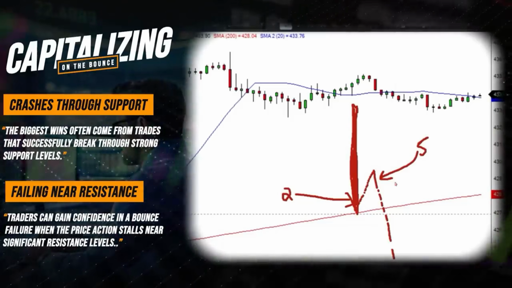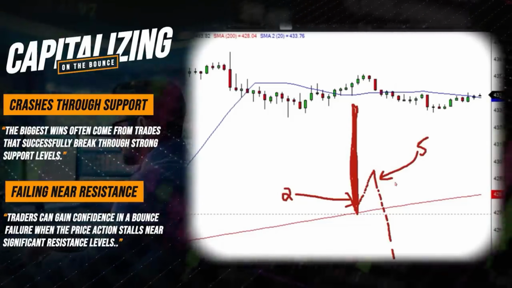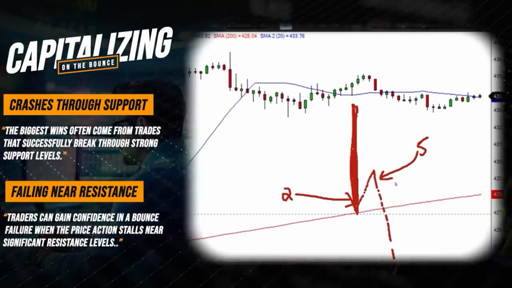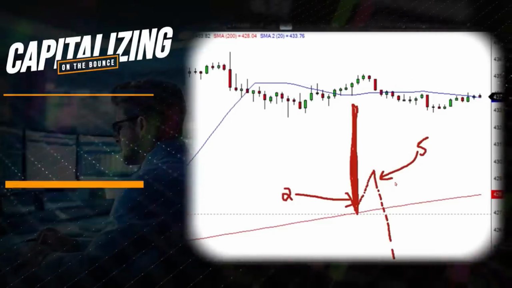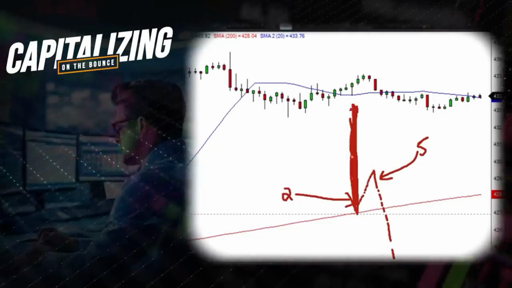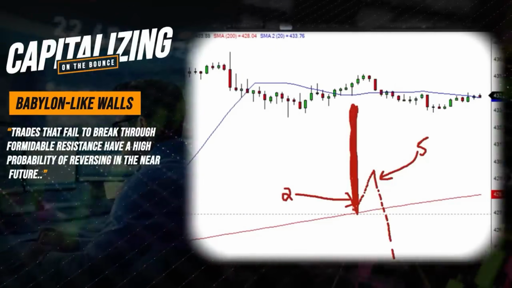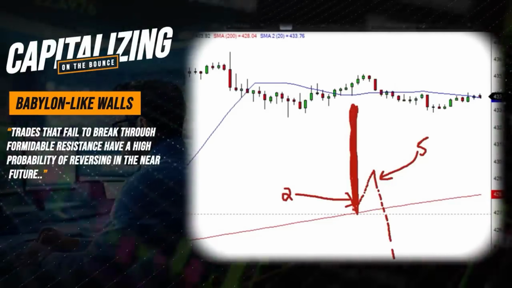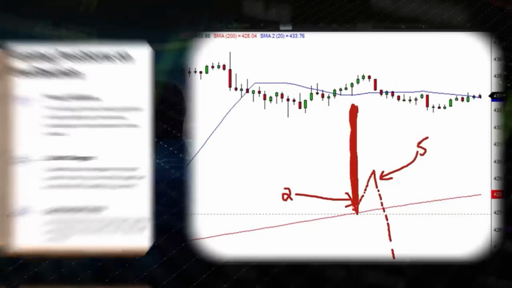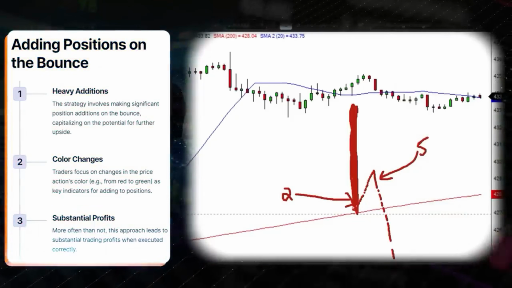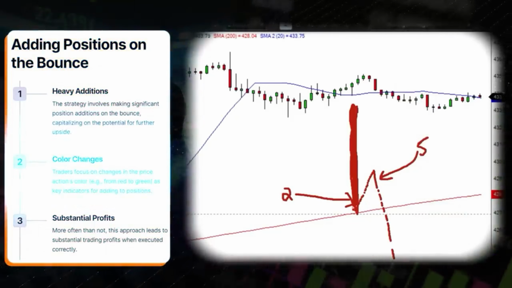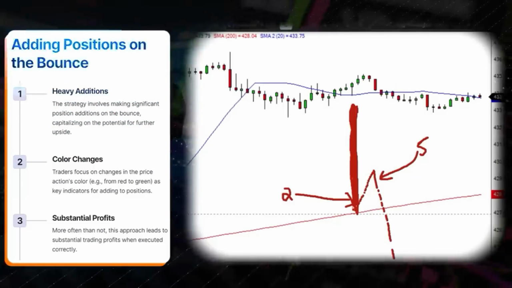Now, why am I so confident going in heavy on that bounce? It's because this is a tall Babylon-like tower or wall. Almost no bounce is going to take it out. So I'm as close to a guarantee as possible. You can't be guaranteed, but I'm as close to one as possible that I know the bounce is going to fail.